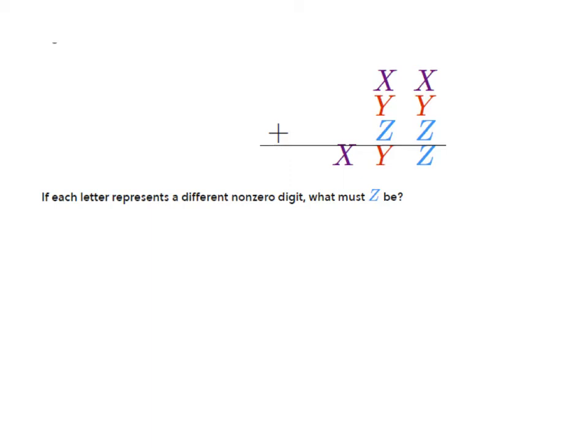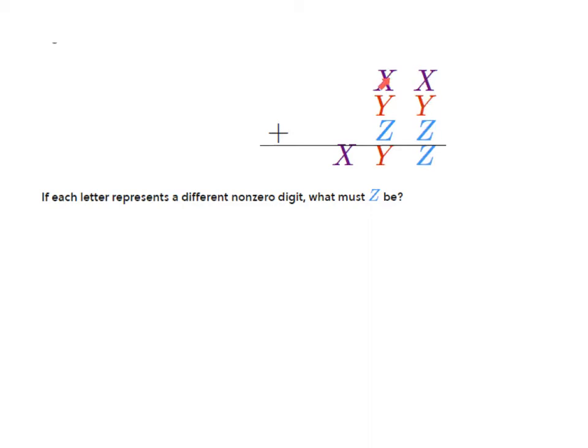But for this problem, I like to see if there's a way that I can use some sort of logical thinking to make the process a little quicker. The first thing I notice is that we have x, y, and z, three different variables. Looking straight up and down, I have x plus y plus z, and I get z.